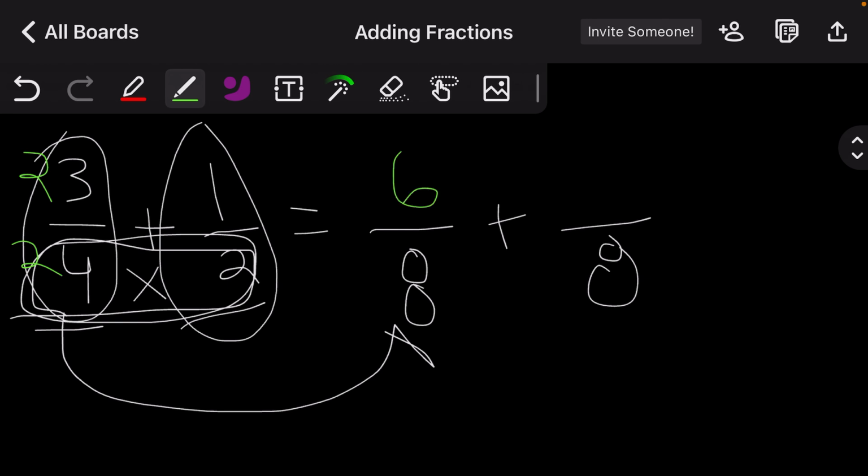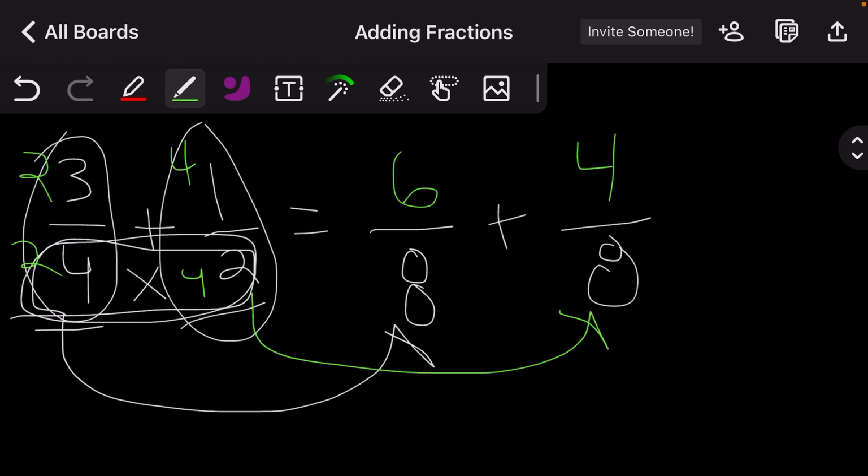Likewise, for this second fraction in this equation, we started with 2 as our denominator, and we ended up with 8. So we scaled this denominator by 4. So we have to do the same thing for the numerator of the second fraction. And that's going to give us 4.